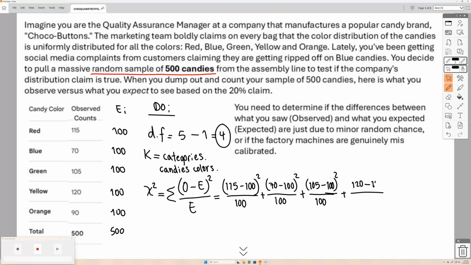Chi-square test statistic is 2.25 plus 9 plus 25 plus 4 plus 1 equals 16.50.